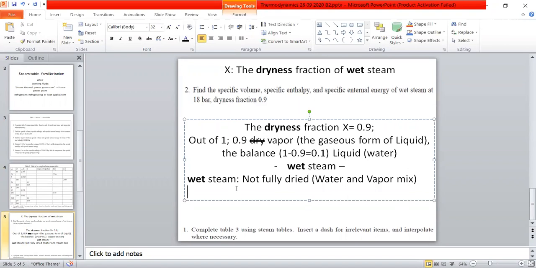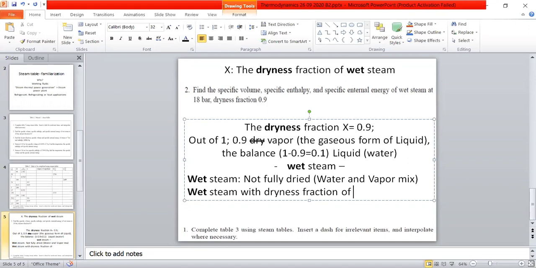So for our case, wet steam with a dryness fraction of 0.9. Now again, 0.9 out of 1 is vapor.